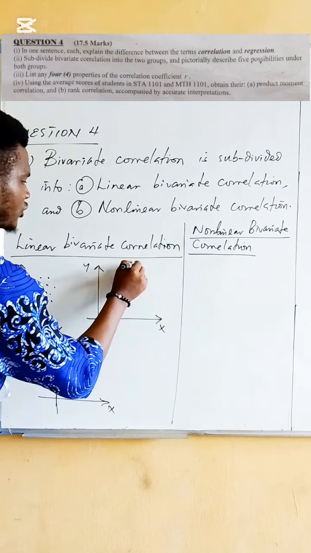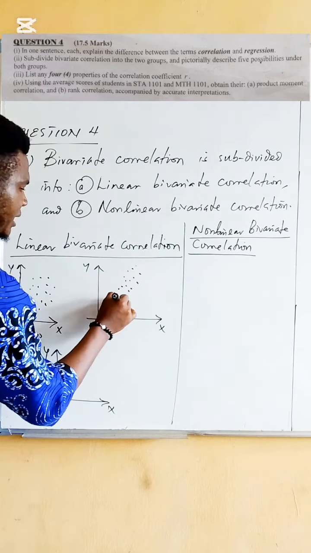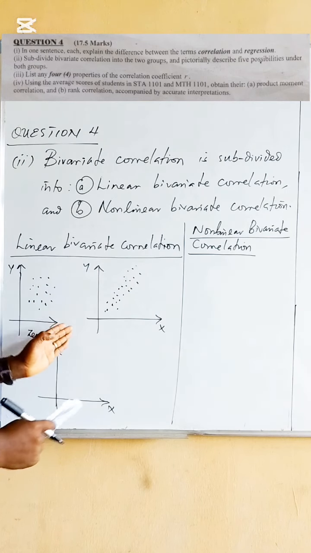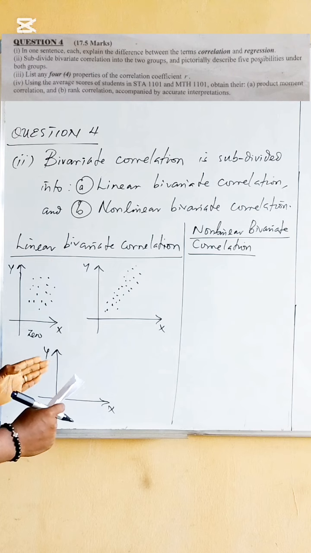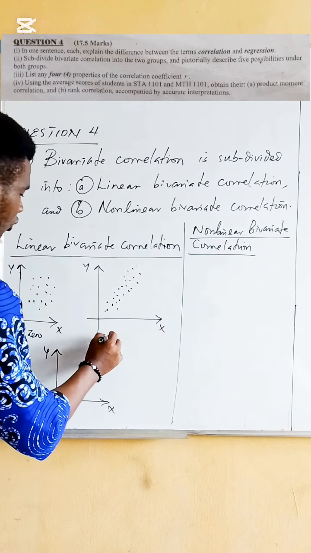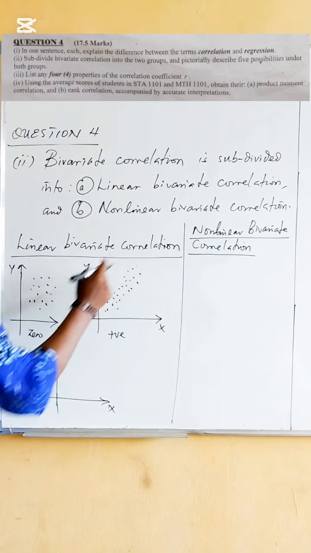Now, if it so happens that the plotted points appear to follow a straight line, such that as y values increase, x values are also increasing, then we would call this a positive linear bivariate correlation.